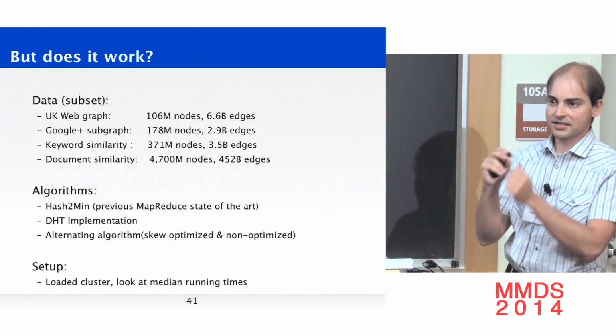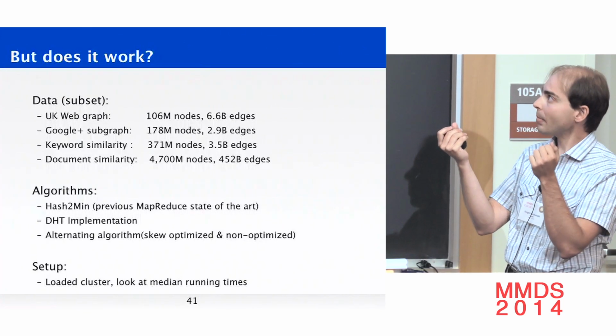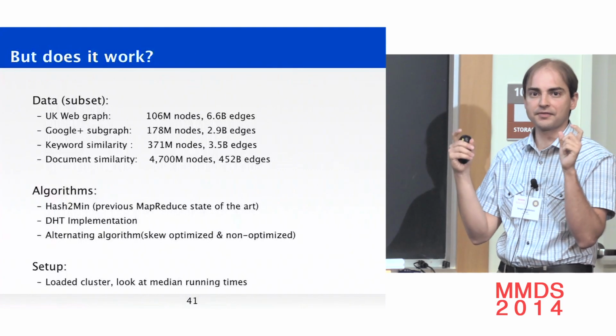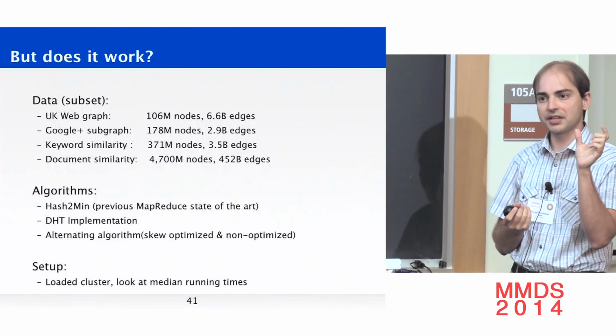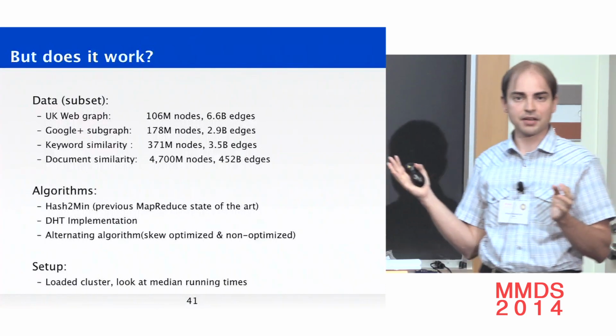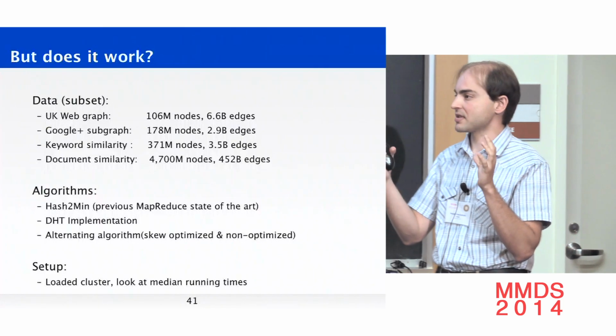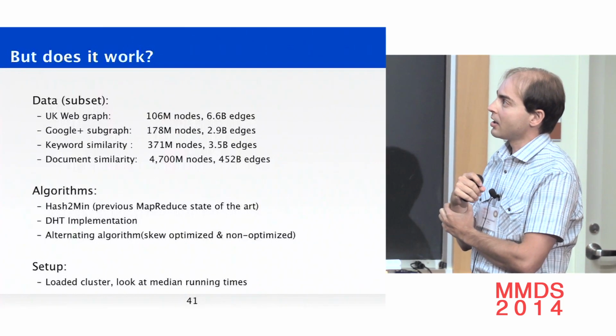The other one is the alternating algorithm that I talked about, where you do one, then the other. We have both the optimized version, where you break up and limit the degree of each star, and the non-optimized version, where you say, yes, it's going to take a much longer time, but I'm just going to wait, because I want to see how much this optimization actually helps.